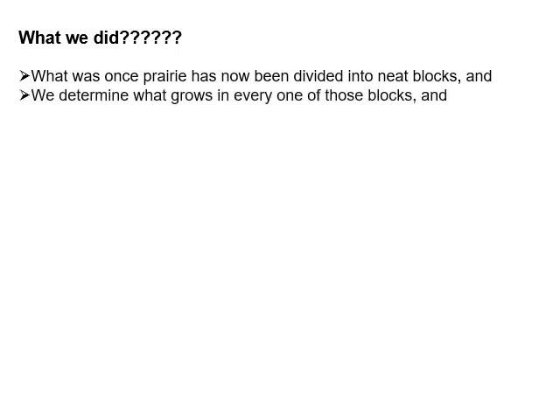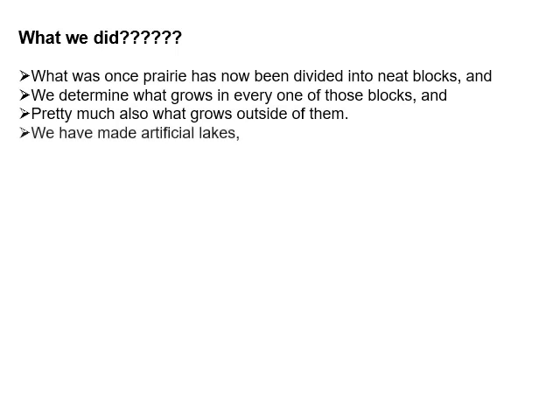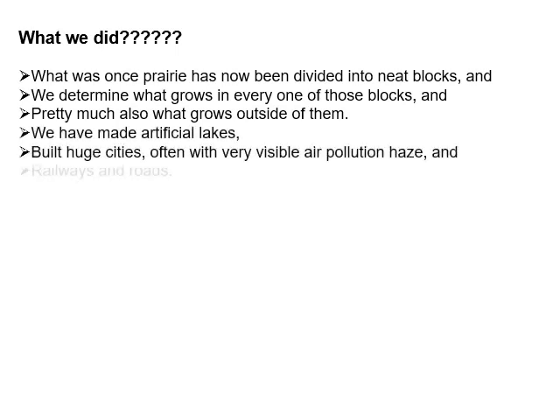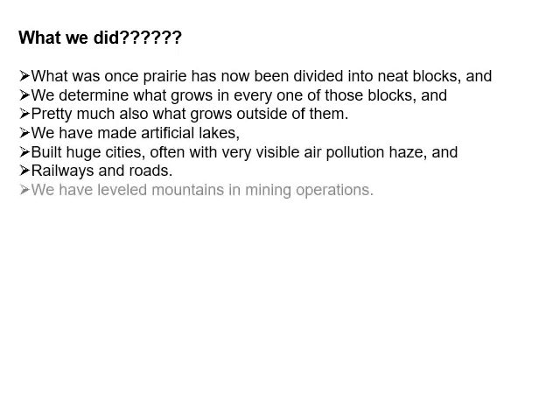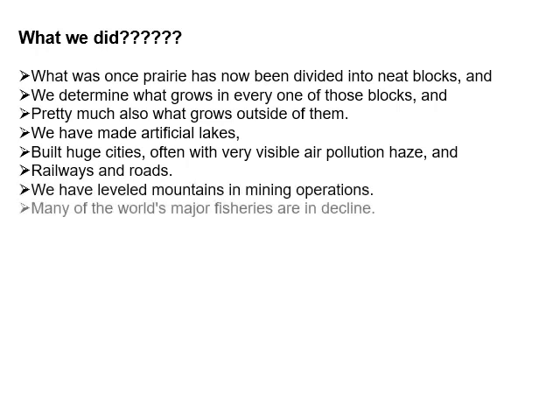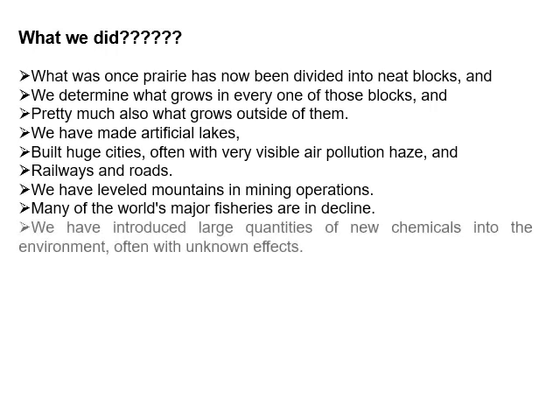We determine what grows in every one of those blocks, and pretty much also what grows outside of them. We have made artificial lakes, built huge cities, railways and roads. We have leveled mountains in mining operations. Many major fisheries are in decline. We put pressure on the resources of the planet.